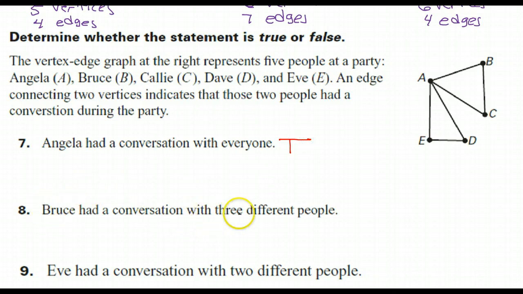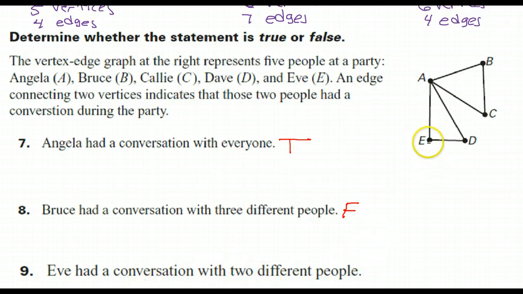Bruce had a conversation with 3 different people. Let's see, what do you think about that? It seems false. Bruce had a conversation with Angela, and Bruce had a conversation with Callie, and that's it. So only 2 different people, so that is false. Eve had a conversation with 2 different people.